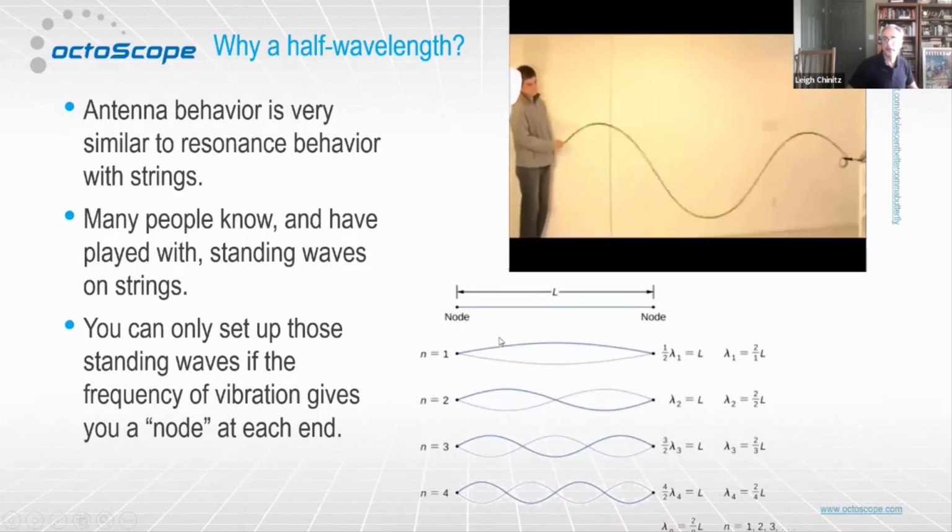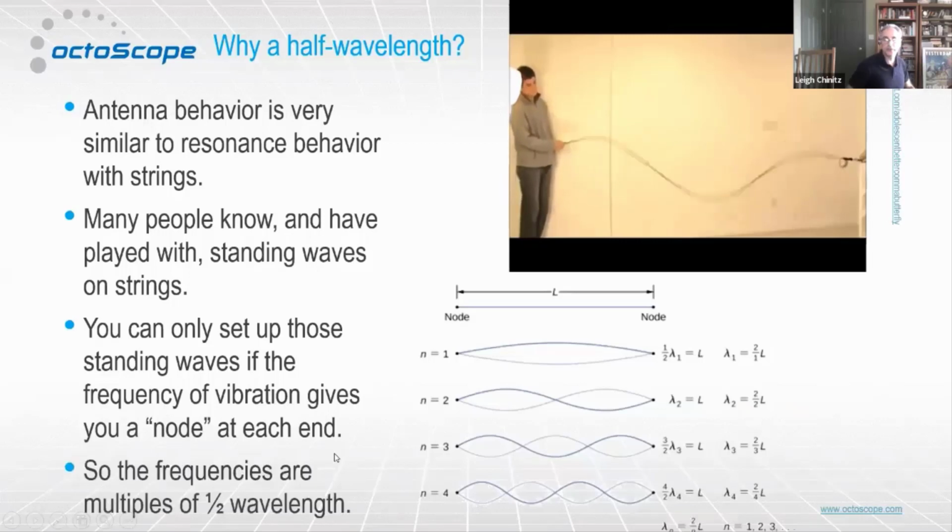So the very longest wavelength you can get is one where you've got a fixed point here and a fixed point here, and so the string then becomes half of the wavelength of the frequency. And you can do that for any multiple of half wavelengths. You can do 2 half wavelengths, 3. This guy's got 3 going here. You can kind of see 3. He's got fixed over here, and then he's got one peak, another peak showing up down here, and a third peak over here. And then 4, et cetera, you can keep going.